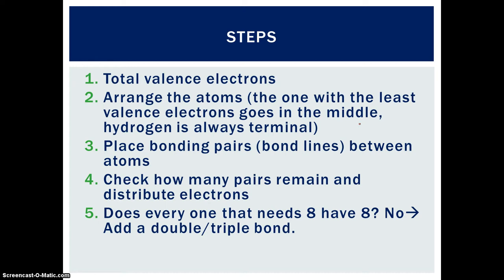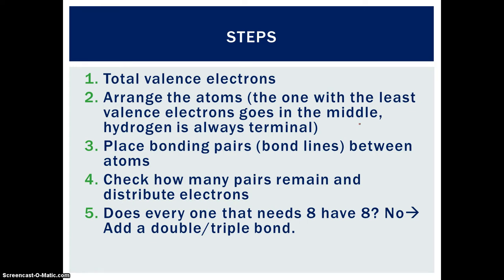So the first step is to total up the number of valence electrons. Then arrange the atoms within the molecule in such a way that the one with the least valence electrons goes in the middle, with the exception that hydrogen is always terminal, which means hydrogen is always on the outside.